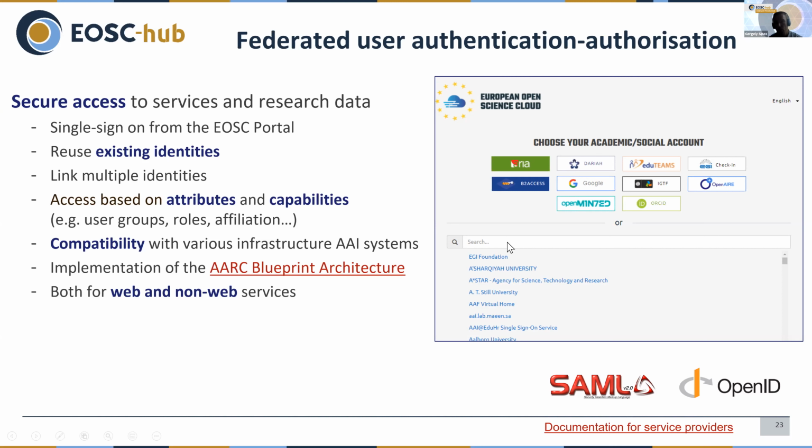Also, the user can choose all the academic accounts that are federated in the so-called eduGAIN Federation of National Federations. You can find on my slides information about how to integrate with the EOSC Authentication and Authorization service. On the next slides, you will see these links. You can find the slides on the webinar program website, where you can find the links themselves.